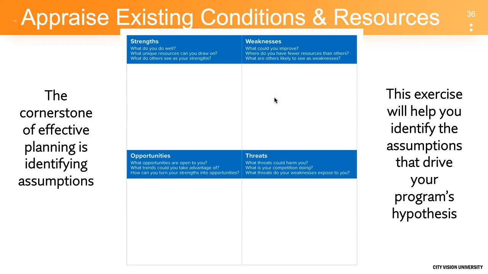So this is going to be a great exercise that you should probably be doing in concert with other people, other program staff, organizational staff, even bringing in other stakeholders to help you get through this, because this is a pretty big driver of whether your program is going to succeed or not, whether you're able to adequately identify all your assumptions.